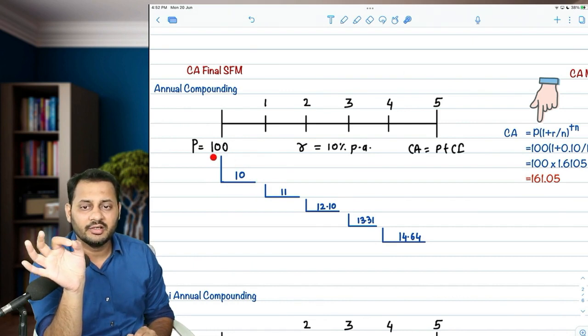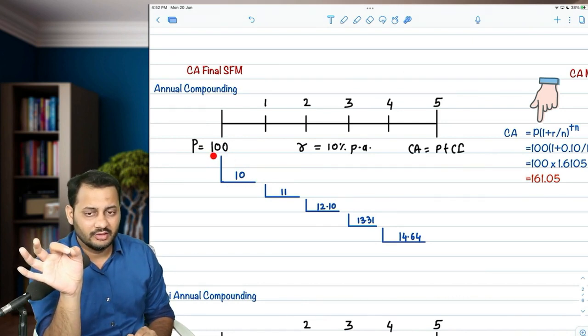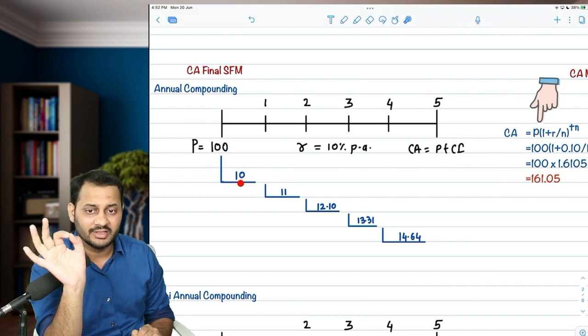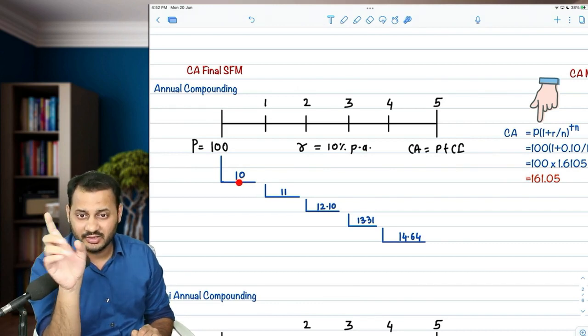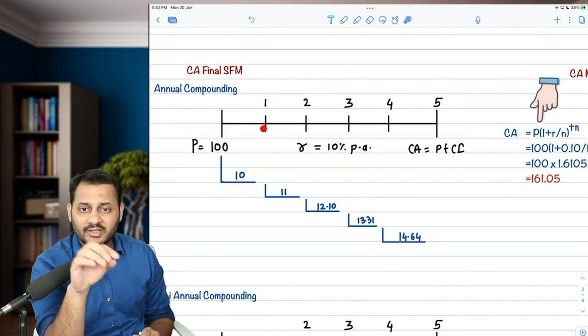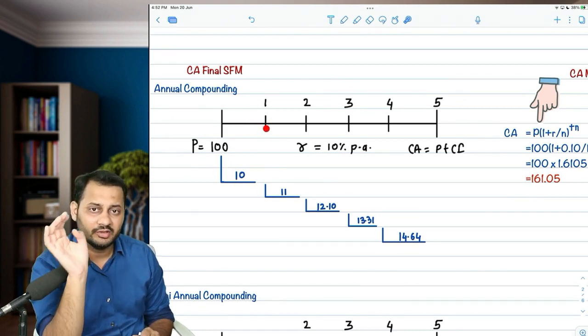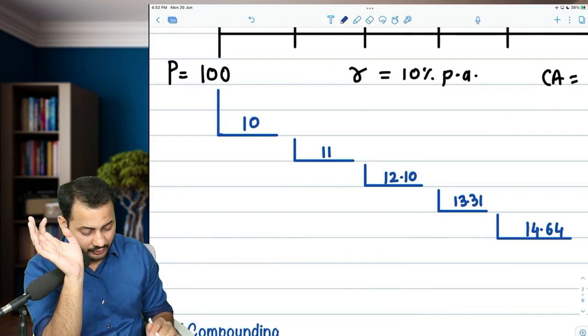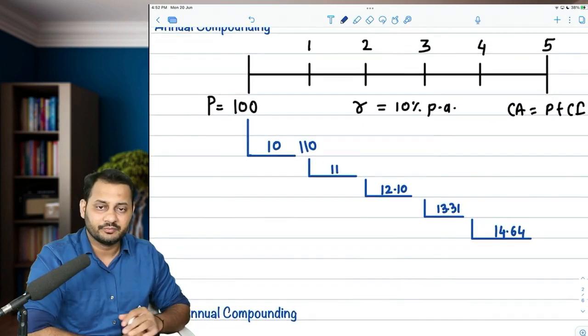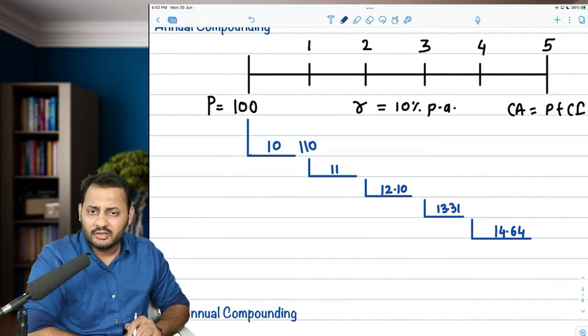We have earned 10% on 100, that is 10 rupees, but it is not being paid to us. So at this point of time, practically speaking, we have 100 rupees and 10 rupees of ours with the bank. So the bank is going to use 110 rupees the very next year. They have not yet paid the first year's interest, right?